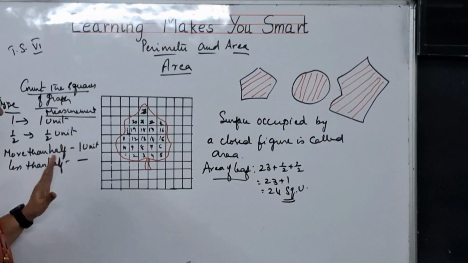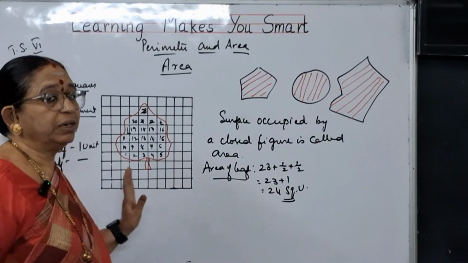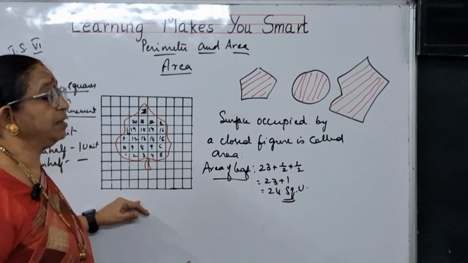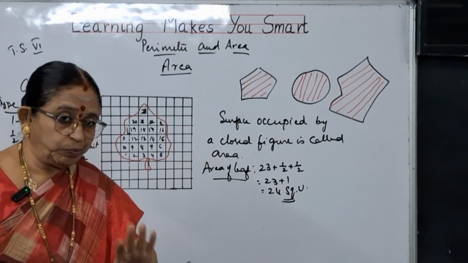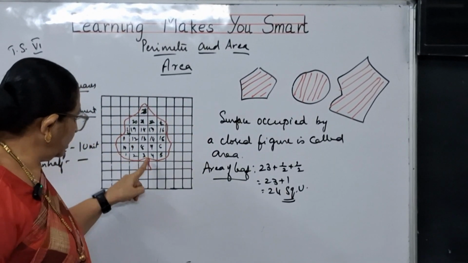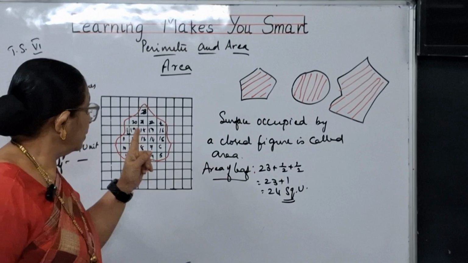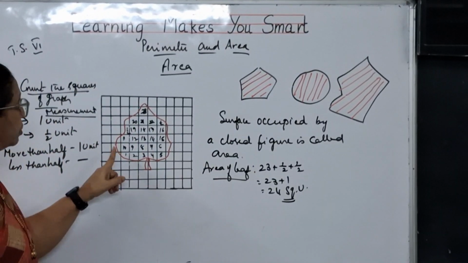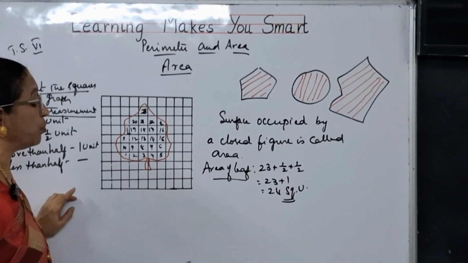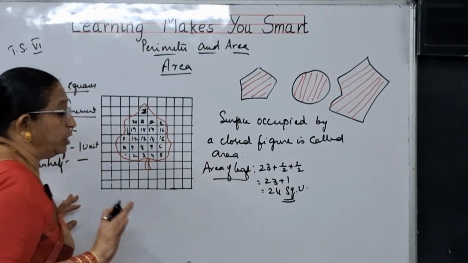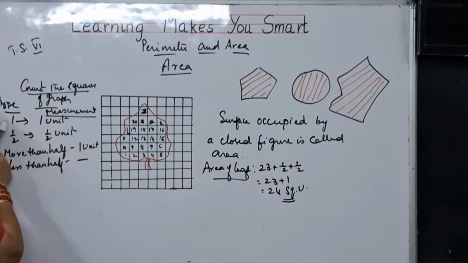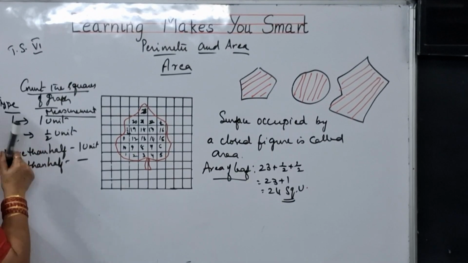So usually you will have to find the area of any figure in this way, children. When you keep the object upon the graph and take the outlines of it, you have to count how many squares are there. While counting that, the rule you need to follow is: one complete square is 1 unit.